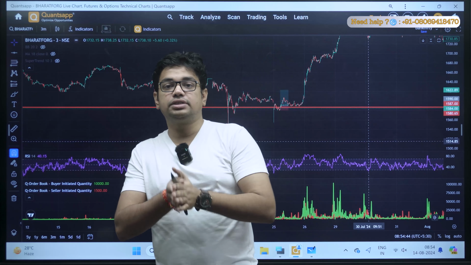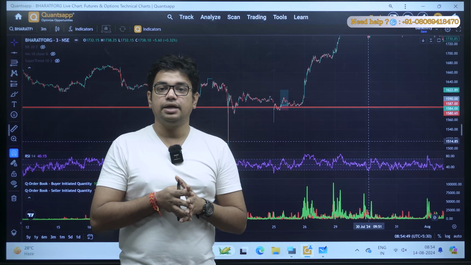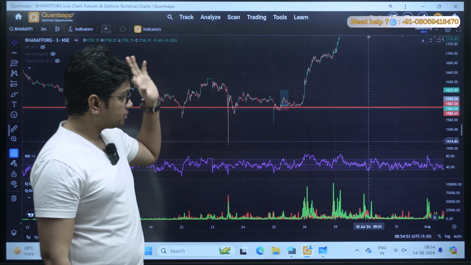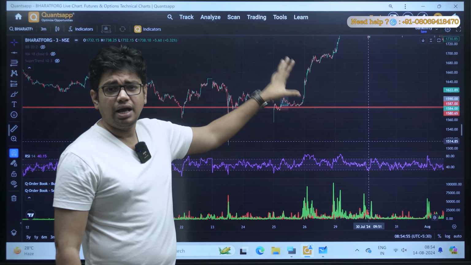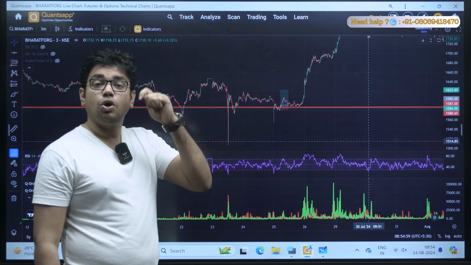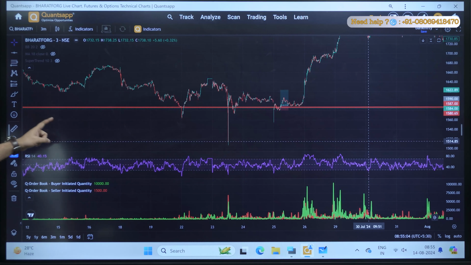So this is the swing trading using the PCR data, OI PCR, the modified PCR. You have just seen how I analyzed the stock, and how I checked the price action technique to put the stop loss and also to take the target. There are two ways to take the target.